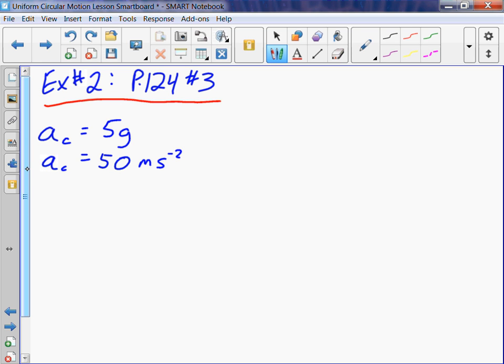So we've got the maximum centripetal acceleration. We've got the radius length.